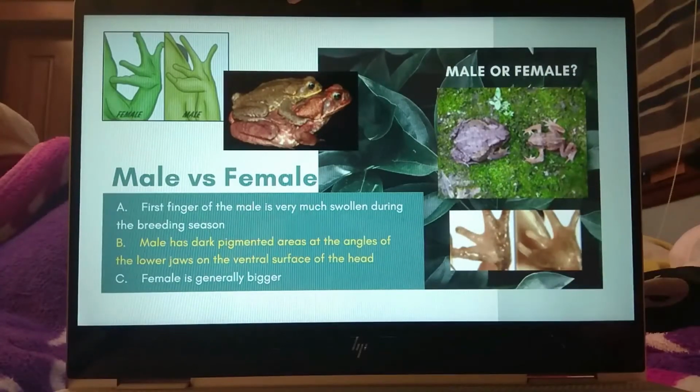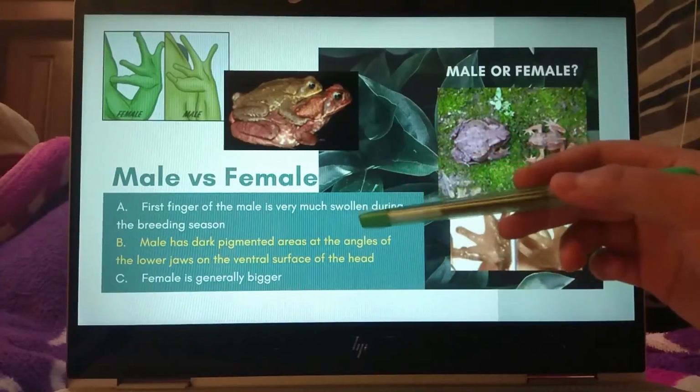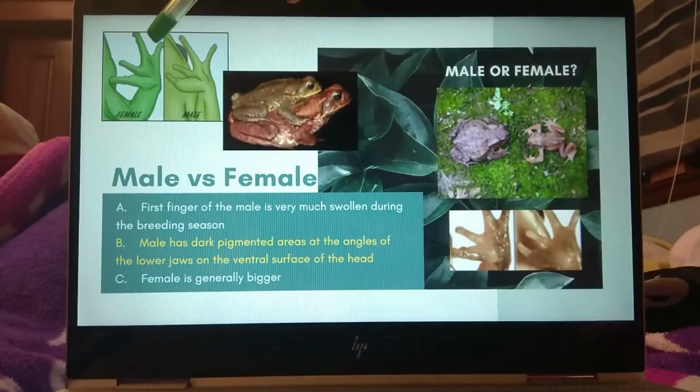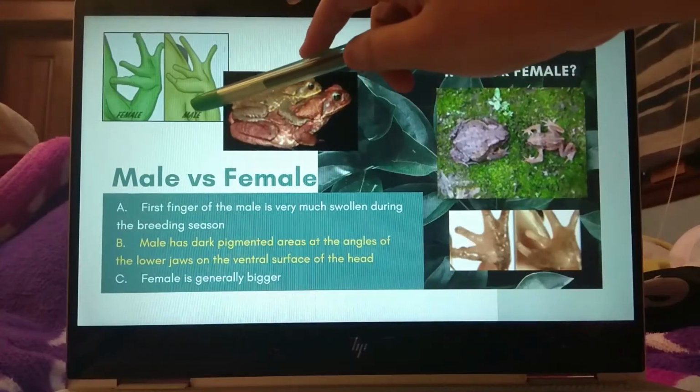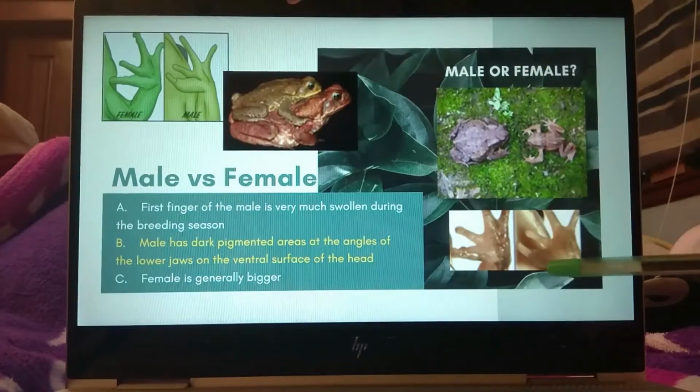So for our first one, we have the first finger of a male is very much swollen during breeding season. So here we can see that if we compare a male and female's first finger, the male's is much more swollen compared to the female's here.